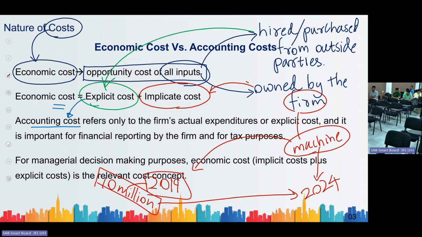If they have already made the payment for the machine in 2019, they have completed their payment in 2019, so this is already done. There is no payment for this machine in 2024. So this 10 million rupee payment made in 2019 is not a part of cost in 2024.